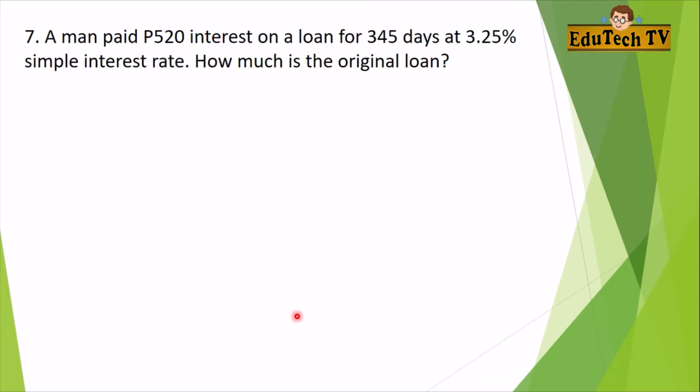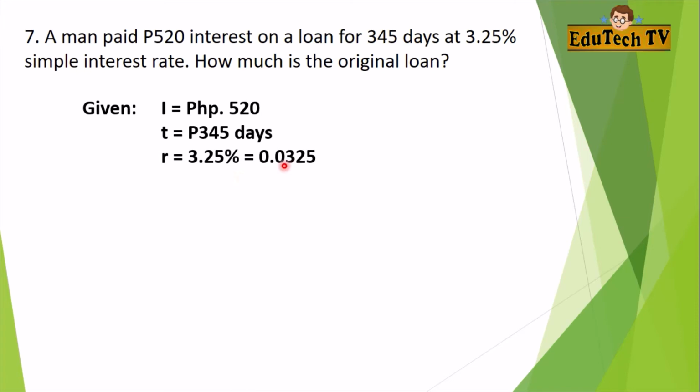Number 7. A man paid 520 pesos interest on a loan for 345 days at 3.25% simple interest rate. How much is the original loan? So we are going to find the principal amount here. The interest here is 520 pesos, and 345 days is our time. 3.25 when expressed in decimal will be 0.0325.